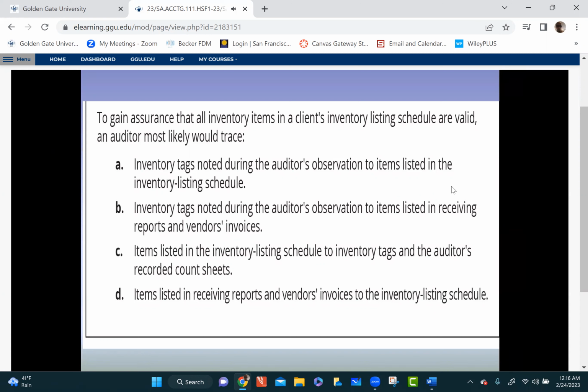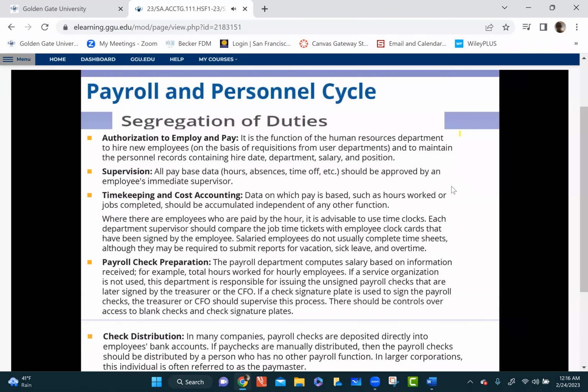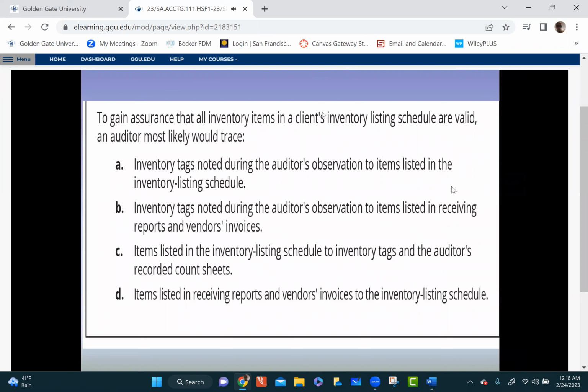Okay. Items in the client's inventory listing are valid. Let me lower that poll. In other words, if things are listed in that inventory listing, are they valid? What assertion is that? Good. That's going to be the existence assertion.